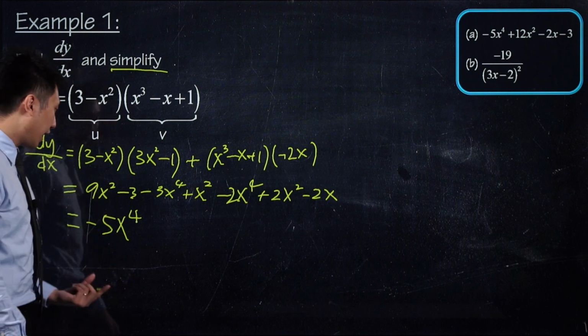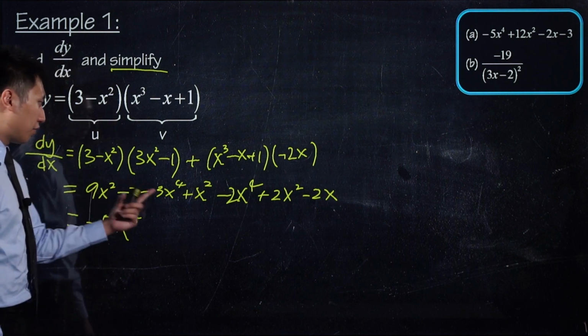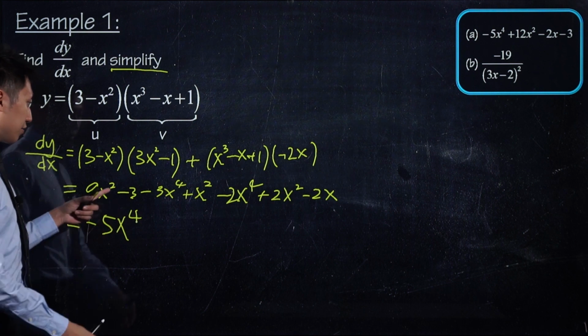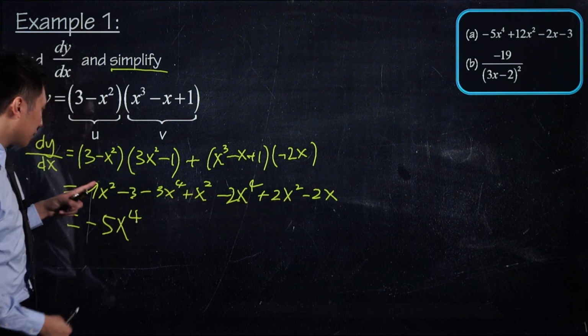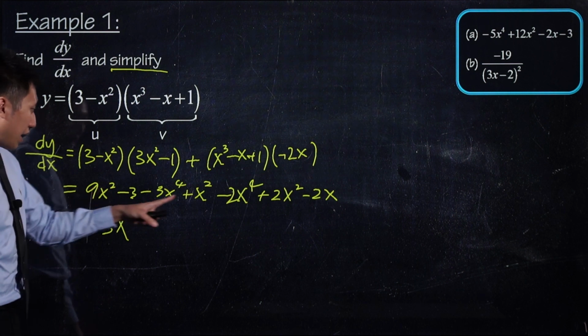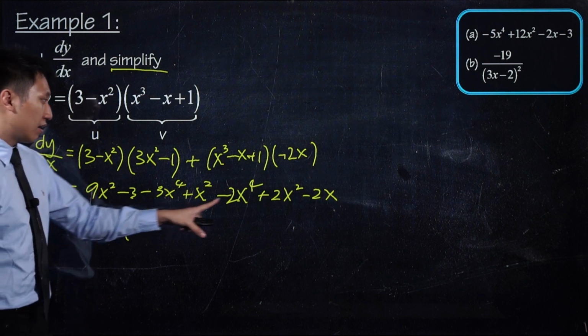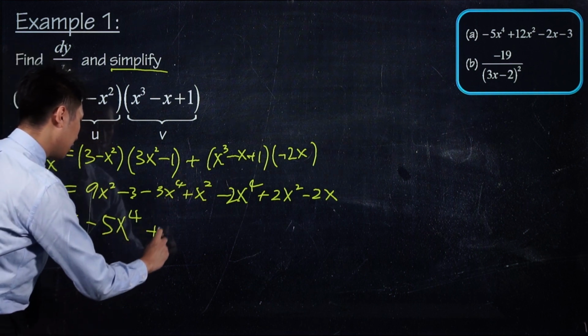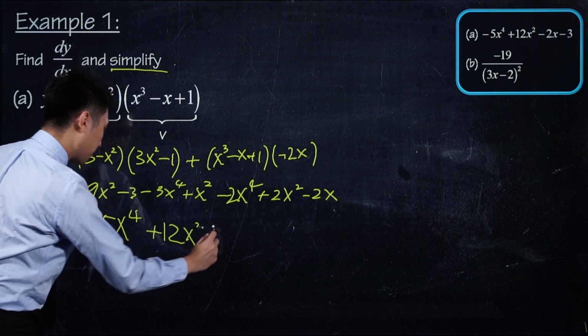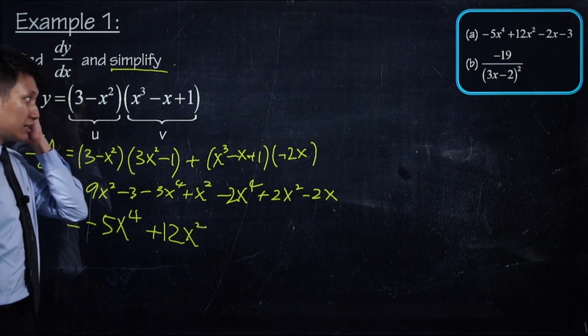Next is power 3. Since there is no power of 3, I move on to x squared: 9 plus 1 is 10, plus 2 is 12, so plus 12x squared.